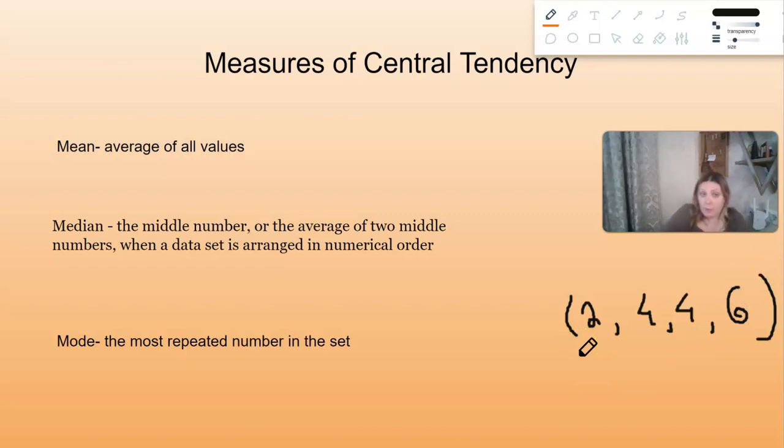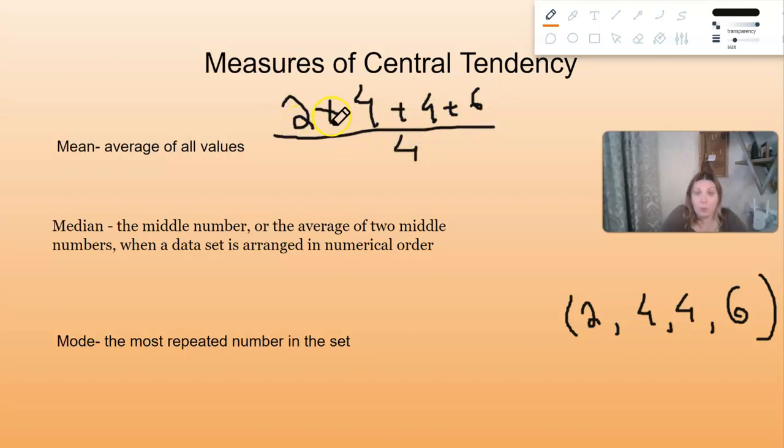Once again, when I do the mean, I take the average of all the values. I add them up, just like it happens on your quizzes and tests, right? I add them up and divide by 4. So this is 2 plus 4 is 6, plus 4 is 10, plus 6 is 16. 16 divided by 4 is, once again, my mean is 4.